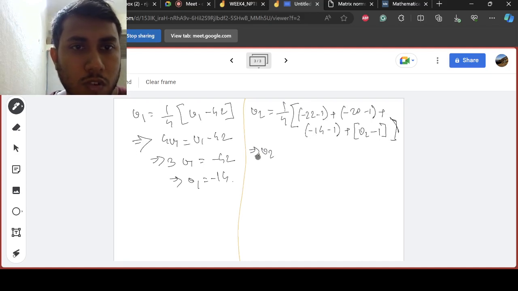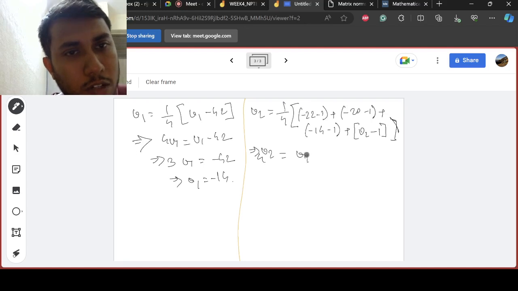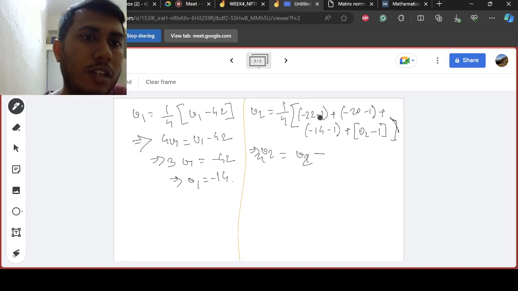V2 is equal to 4 V2 is equal to V2 minus 23, 43, 44, 58.